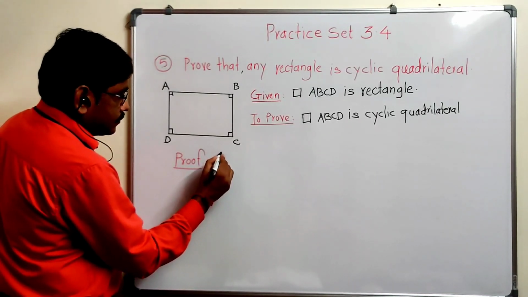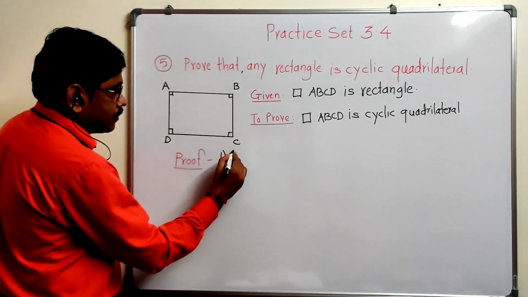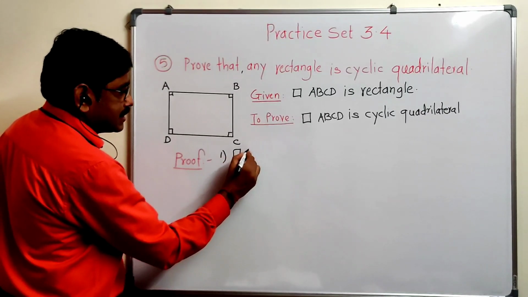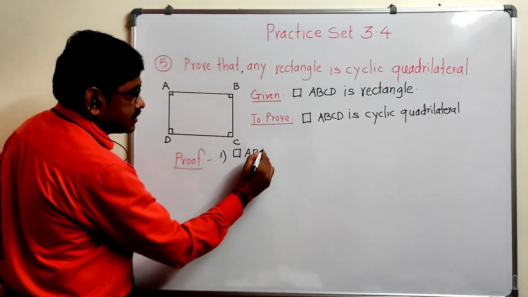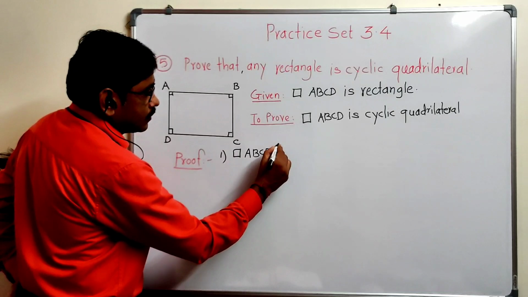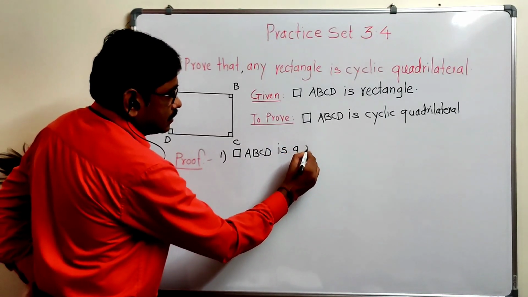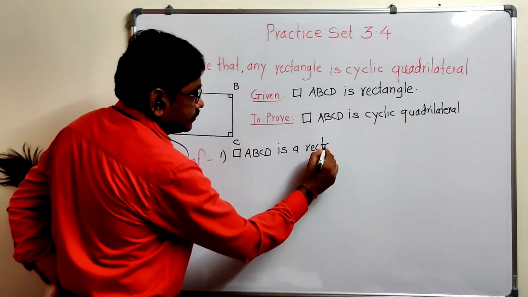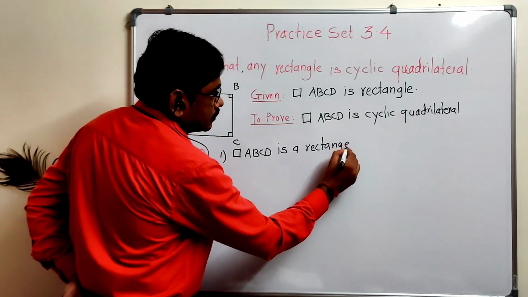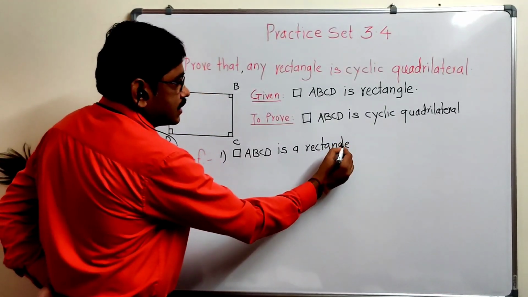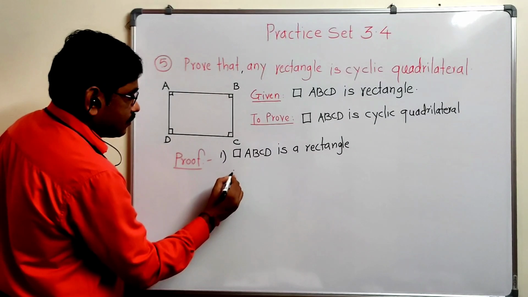Here first point, the given quadrilateral, means quadrilateral ABCD, is a rectangle, and therefore what we can write?